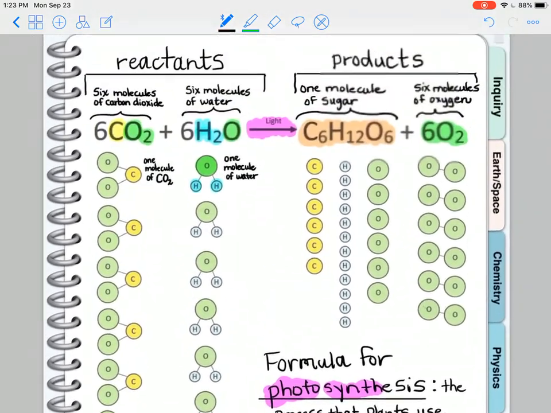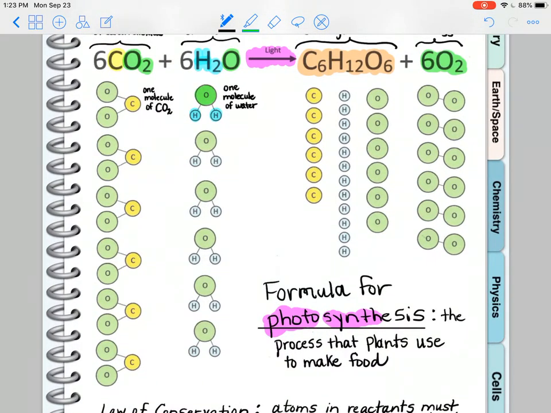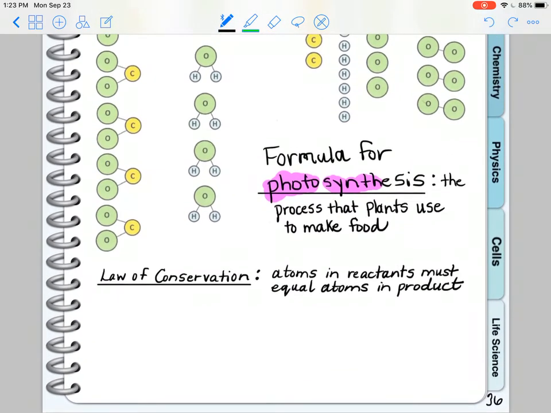Okay, so let's look back at our reactant side. And I literally am just going to count the number of oxygens. So I'm on the reactant side, and here we go. 1, 2, 3, 4, 5, 6, 7, 8, 9, 10, 11, 12, 13, 14, 15, 16, 17, 18. 18 oxygens. And I won't do this the next time now that you get the idea.